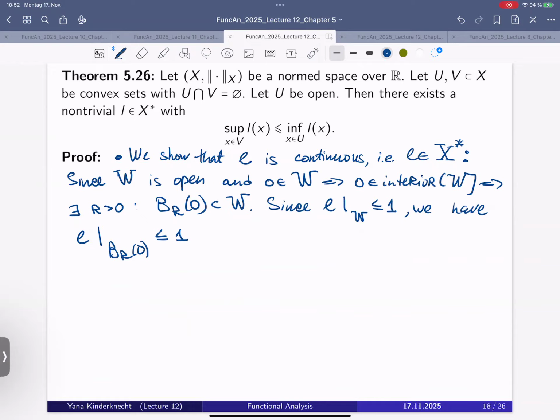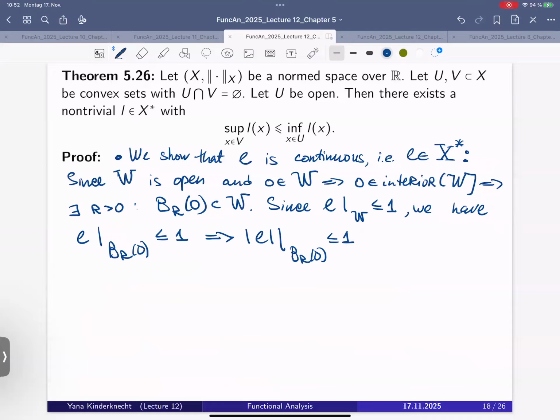And now we use the properties of an open ball around 0, that it is not only a convex set, but it is a symmetric set. Namely, from this inequality, we have the following inequality. The absolute value of L restricted to this ball also takes values smaller or equal to 1.